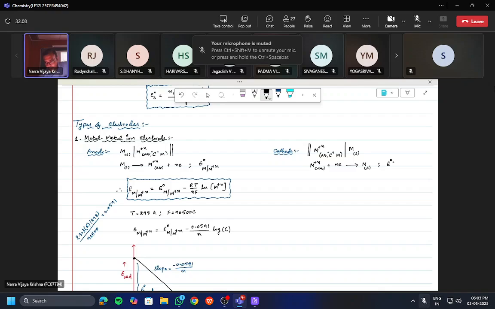E naught of M plus N converted to M. Therefore, next equation: E of M plus N to M is equal to E naught of M plus N to M minus RT upon NF ln of concentration of product by reactant.